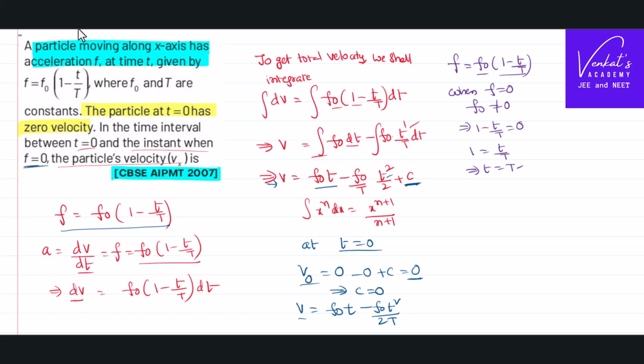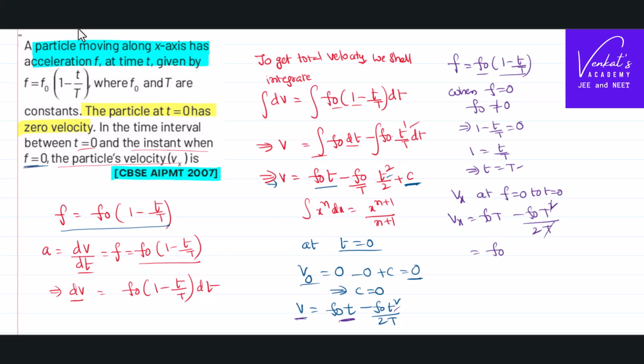So we can get the value of vx when f equal to 0 by putting capital T in place of small t. vx equals f0 into capital T minus f0 into capital T square by 2 capital T. One T cancels.